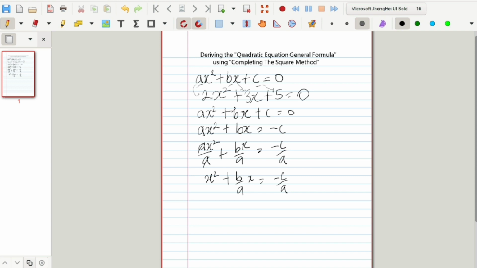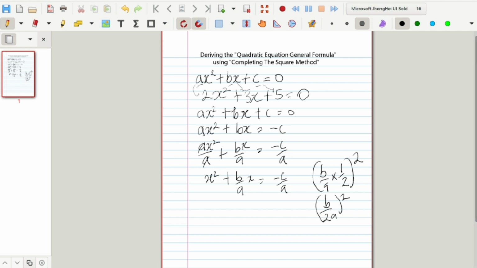The next step says multiply the coefficient of x by half, then square it. So the coefficient of x is b over a. You multiply by half as times 1 over 2, then you square it. The result, you add to both sides, so it will be b over 2a, all squared.